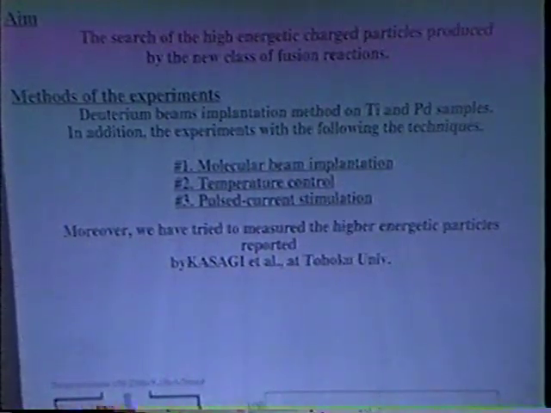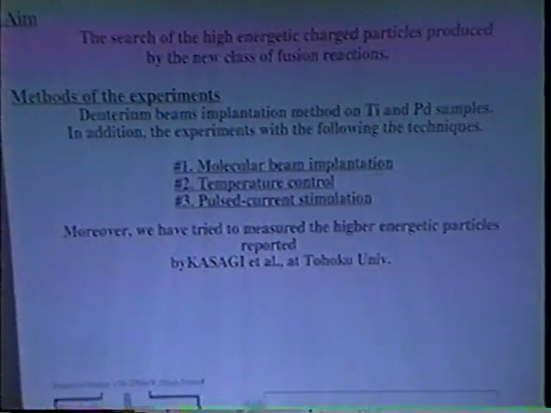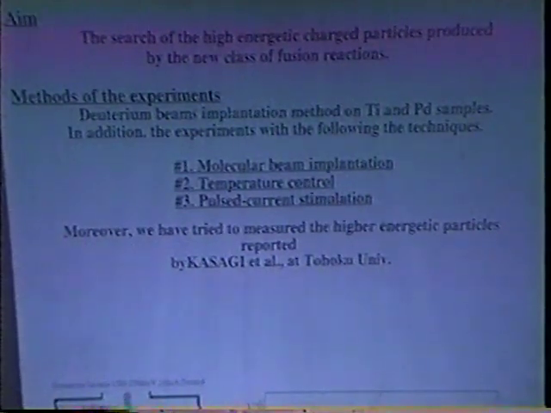And this shows an example of the result of the experiment. As you see, here is the DD proton, and power edge, and some counts in the high energy region over 6 MeV. These are unidentified signals. I will explain the detail at the poster. Thank you.